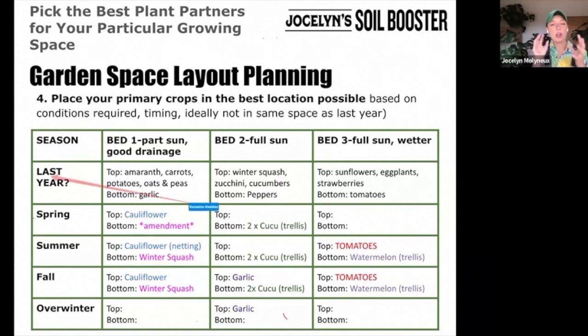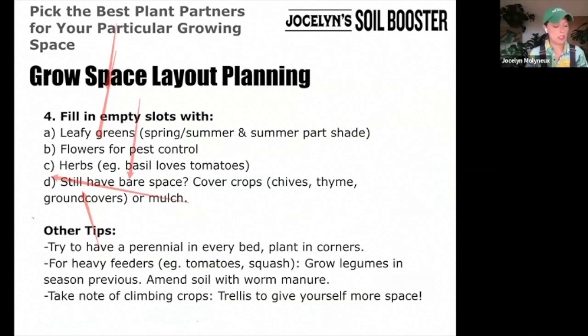And so garlic's a really good option in terms of being able to anticipate where the beds are going to have empty space. And as we've talked about in other sessions, we really want to avoid having empty slots.